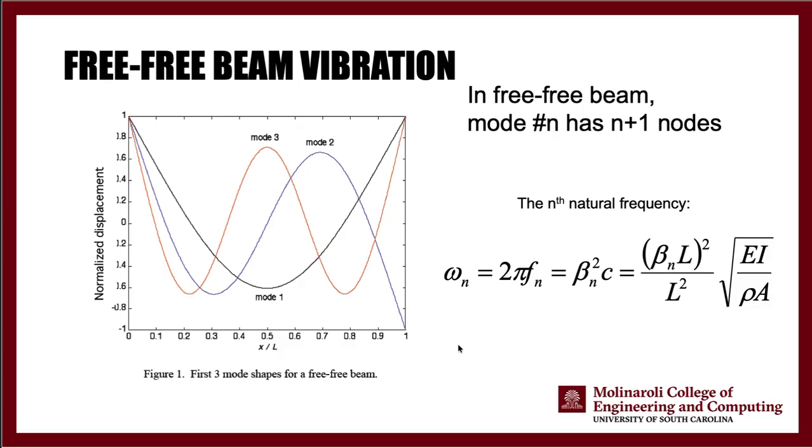And in general, the idea of vibration modes is if you go to the second natural frequency in a free beam, your mode shape is going to change, and you are going to find three locations where the lateral displacement is zero. Third mode of vibration of a free beam, we're going to see four locations where the lateral displacement is zero.